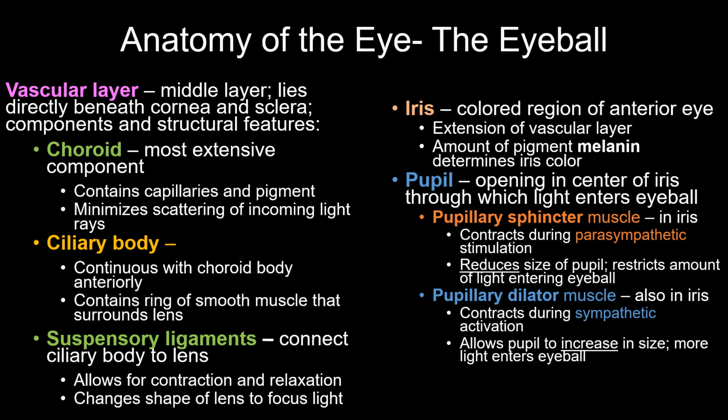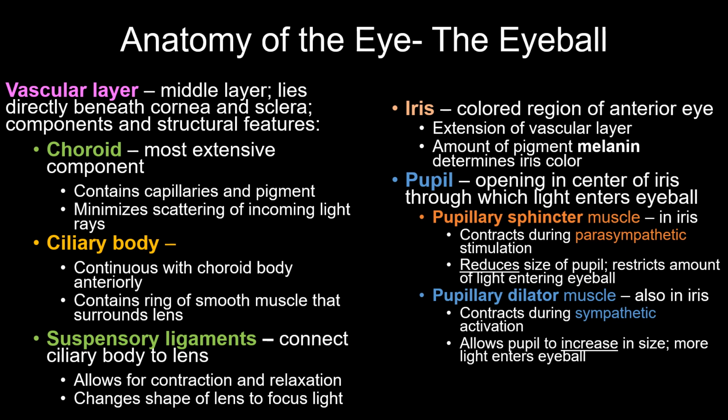That ora serrata is that flower-like structure that I showed you. And then there you're going to find these fine threads called suspensory ligaments. These suspensory ligaments connect the ciliary body to the lens. Through contraction and relaxation of smooth muscle, they change the shape of the lens, and that changing of the shape allows near and far vision.